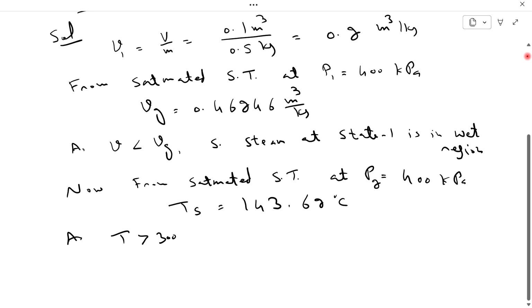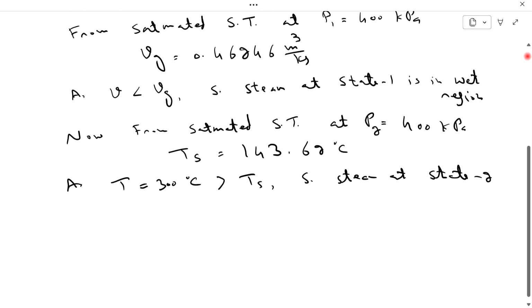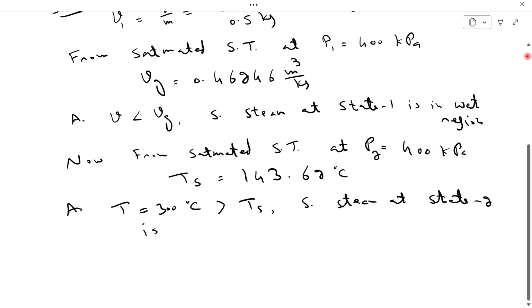It is greater than Ts. So steam at state 2 is in the superheated region because the temperature given to us is more than the saturation temperature.